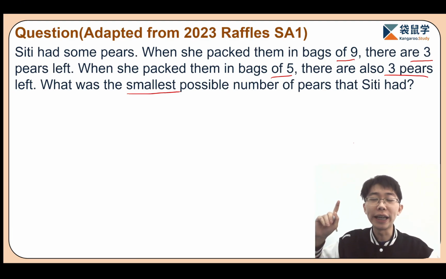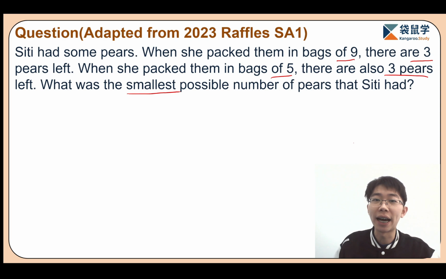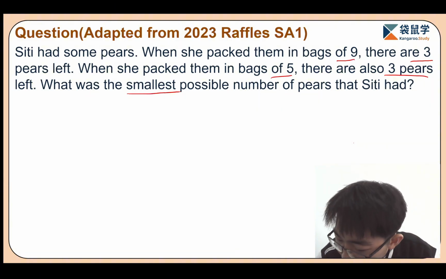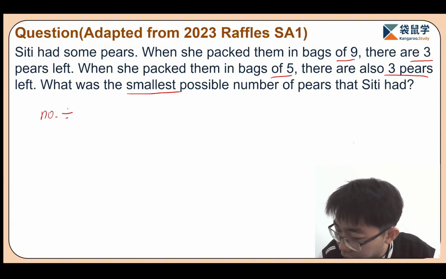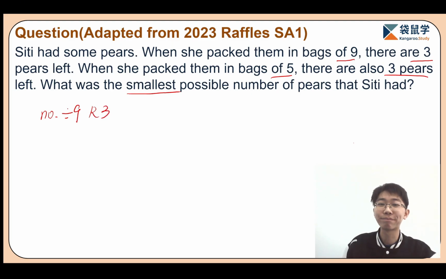Okay, let's try to interpret these conditions line by line and convert this into mathematical equations. Now, when City packed the pairs in bags of 9, there are 3 left. What does that mean? That means the number of pairs when divided by 9 has a remainder of 3.